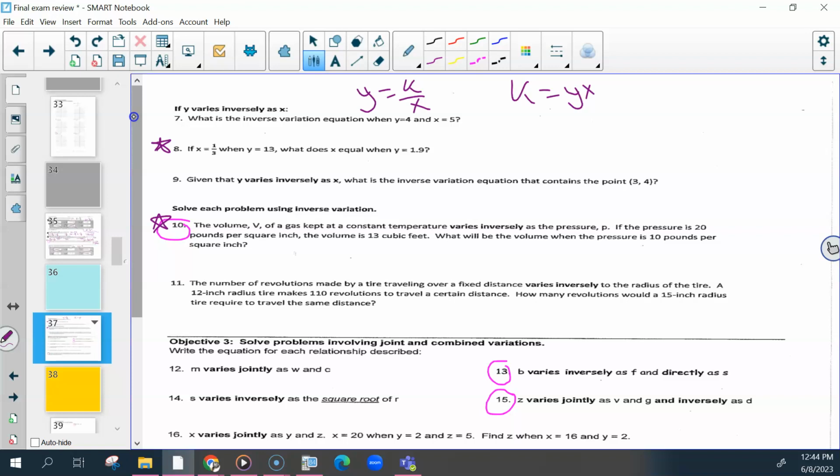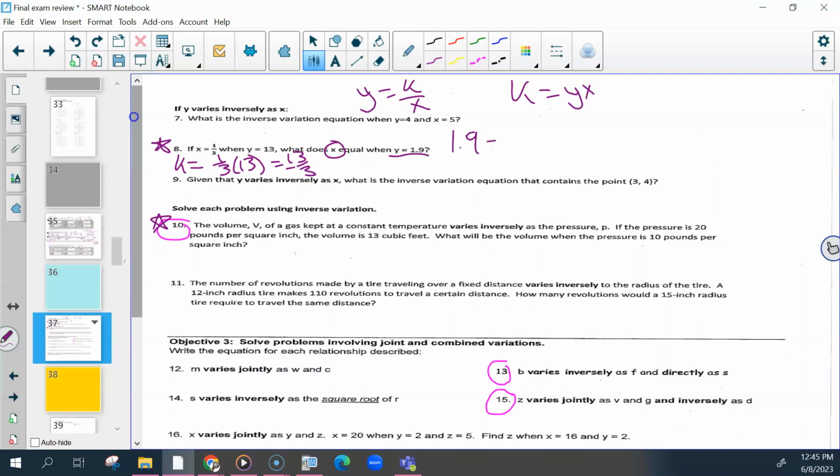And then for 8, we have x and we have y. We need to find k. So multiply those two together. It wouldn't be a nice decimal, so I'm going to leave it as a fraction, 13 over 3. Then if we were to put that into our equation, we're looking for x and we have y.